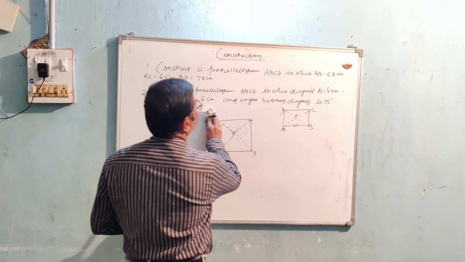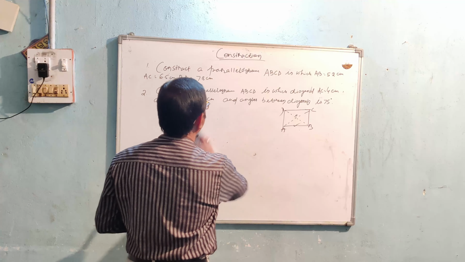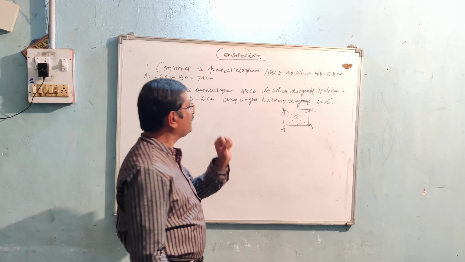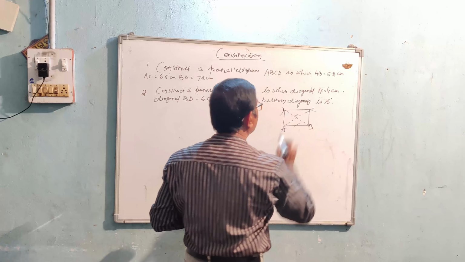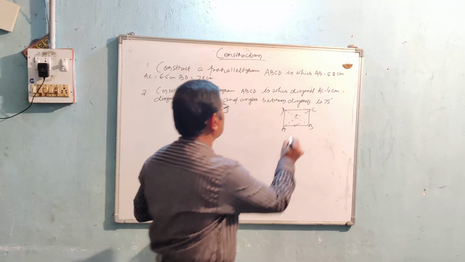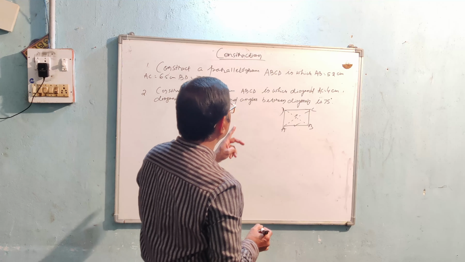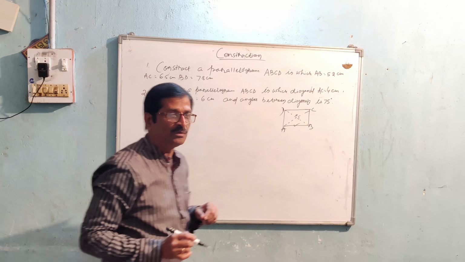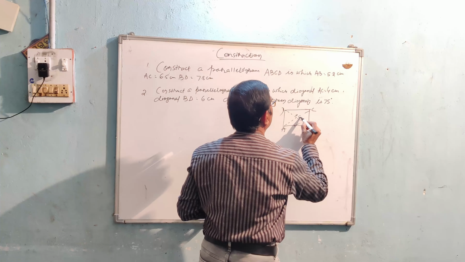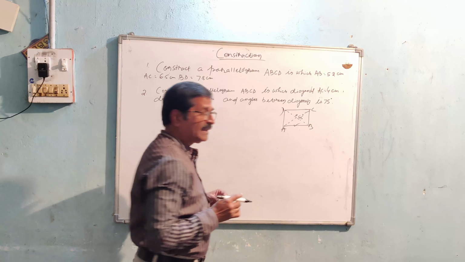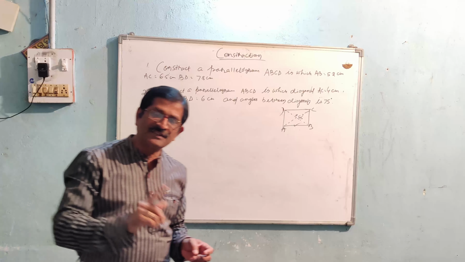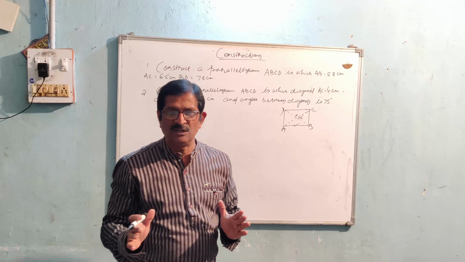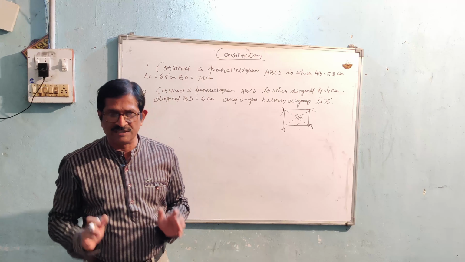Here, in the second problem, listen: ABCD, and what is given? The diagonal AC is given and diagonal BD is given, and the angle between the diagonals is given to you. The angle between the diagonals is 75. Then how can you start? Again the same property that we have read, the diagonals of a parallelogram bisect each other.